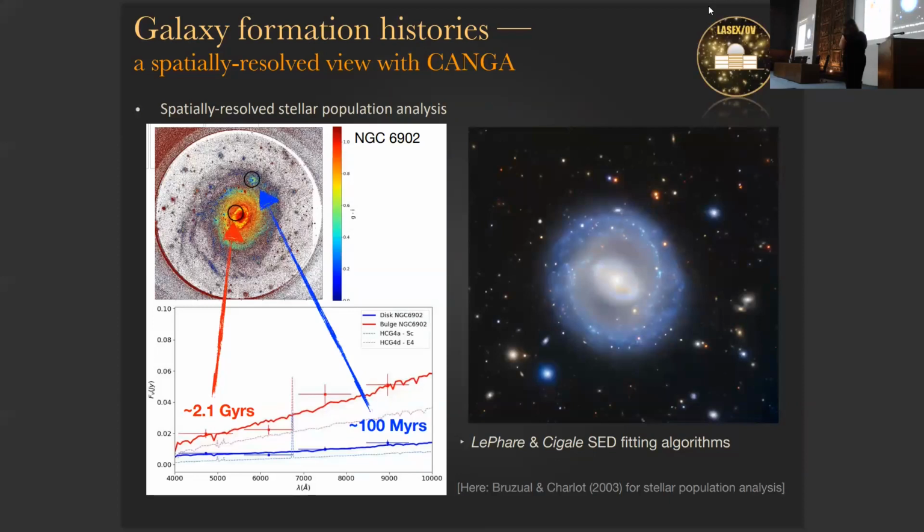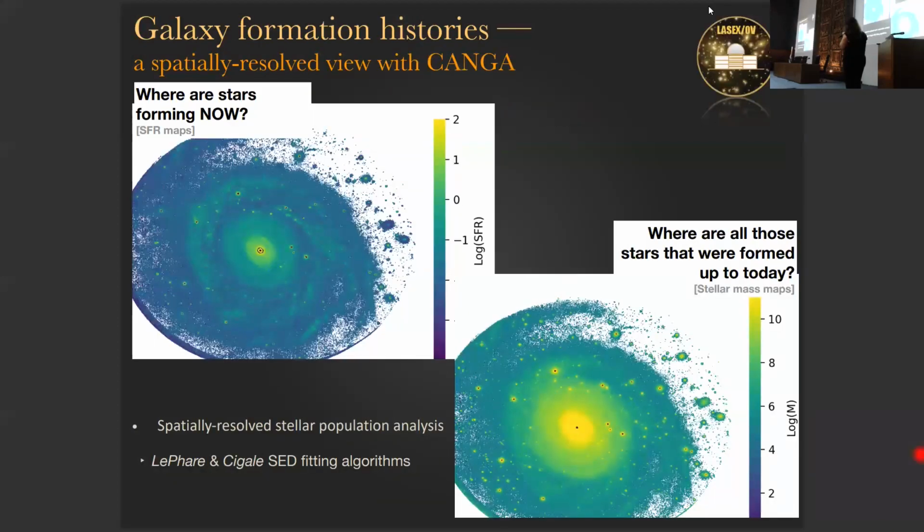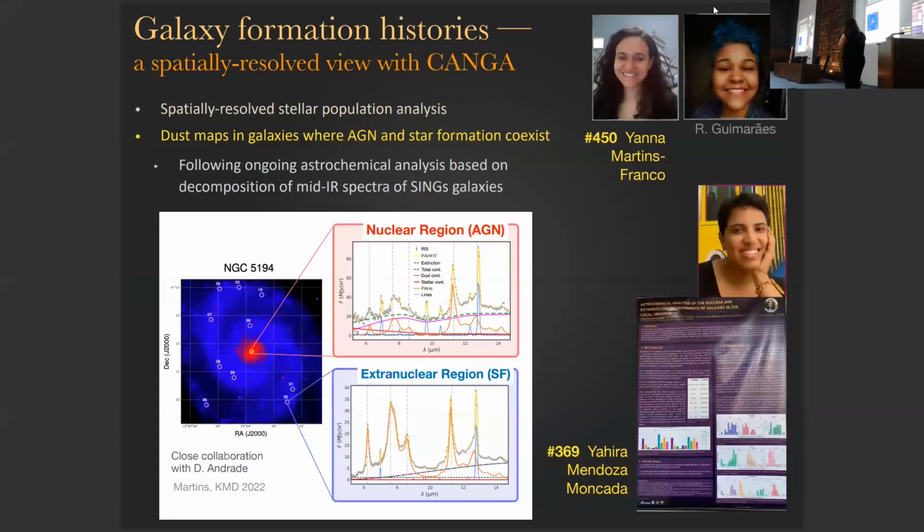And these are the kinds of maps that we're putting together, where the stars are forming, star formation rate maps and stellar mass maps. Of the posters that you have here, we have 16 posters from Valongo, 4 talks and 12 posters, so there's a lot of interesting things going on here.